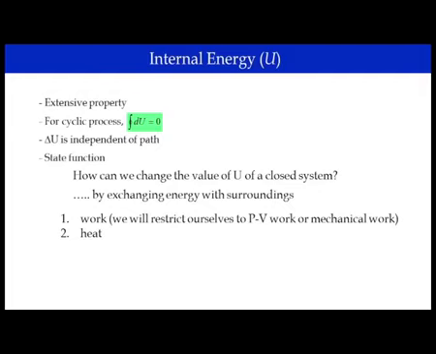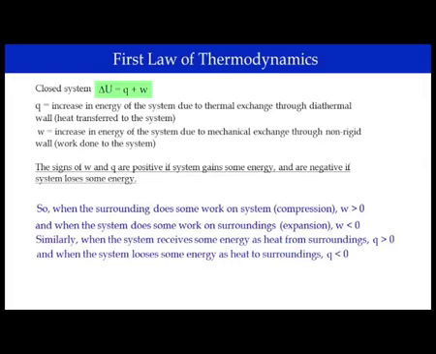So, basically we now know that internal energy can be altered in a closed system by work or by heat exchange between system and surroundings. So, if you want to write the first law of thermodynamics in a general form, then we will write the change in internal energy in a closed system is given by Q plus W. What is Q?